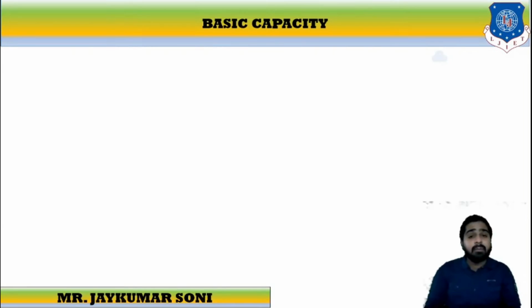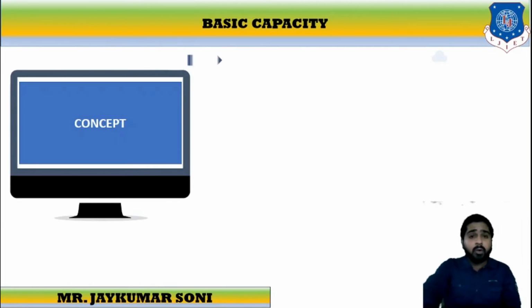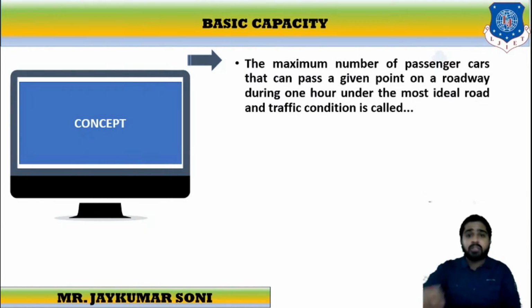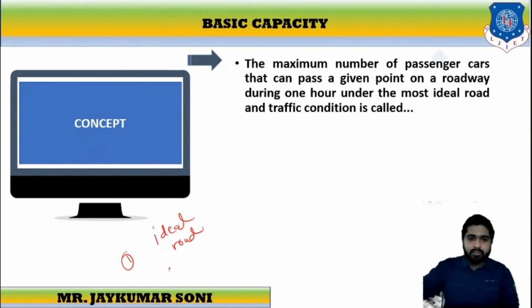Now let us learn about basic capacity. What is the concept of basic capacity? It is the maximum number of passenger cars that can pass a given point on the roadway during 1 hour under the most ideal road and traffic conditions. So we are considering ideal road condition, this is the first thing, and ideal traffic condition.